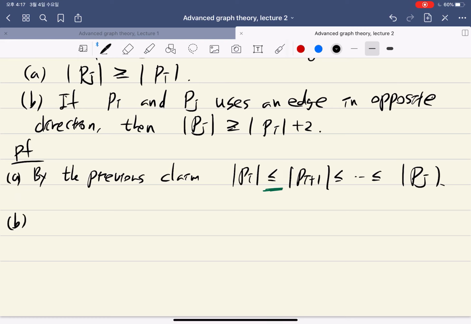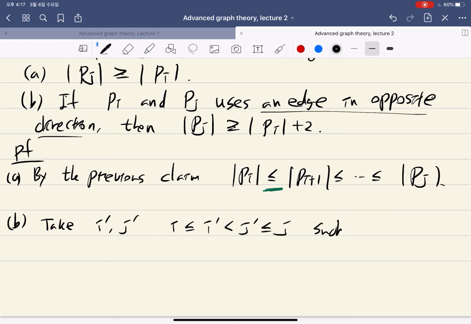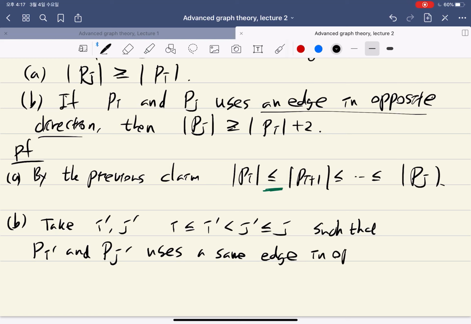And then to show B, again, they use one edge in opposite direction. Then take i prime and j prime, with i and i prime and j prime and j, such that Pi prime and Pj prime use the same edge in opposite direction.